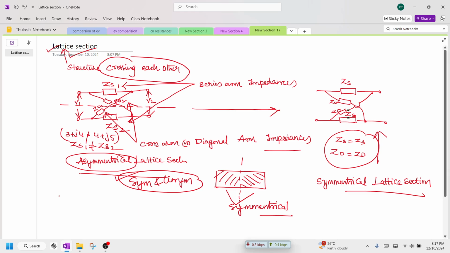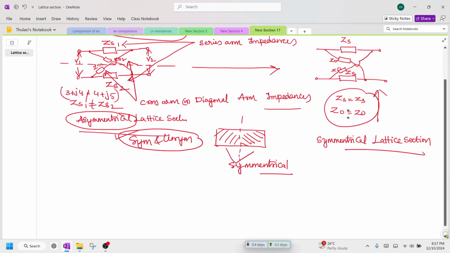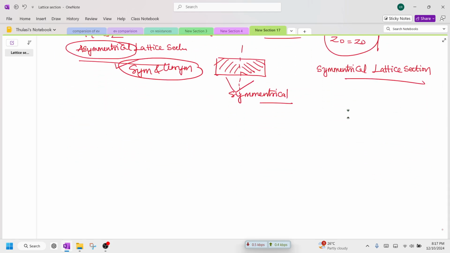Now let's see the bridged T section. Generally, how to construct a bridge?